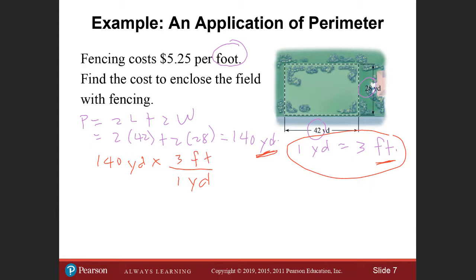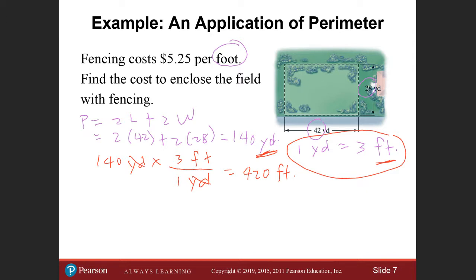The yards cancel out and you get 140 times 3, which gives you 420 feet. This is the perimeter of the rectangular field to be fenced. In yards, that's 140 yards.